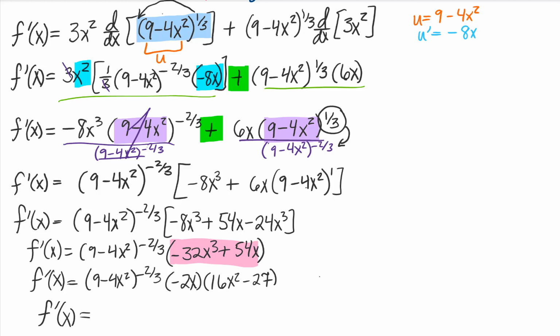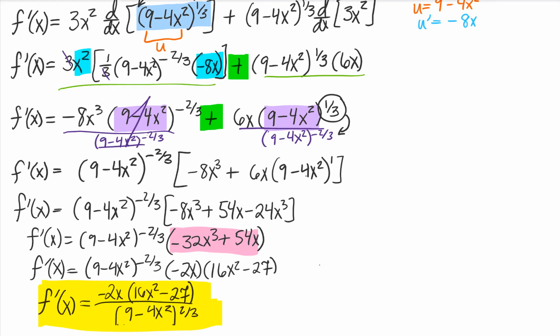Now I'm ready to write my answer as a fraction. My denominator is 9 minus 4x squared to the 2/3, or you can write it in radical form, and the numerator is negative 2x times 16x squared minus 27. And that is our fully factored answer for differentiating a chain rule within a product rule.